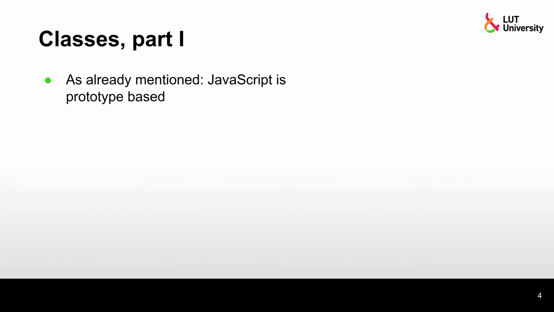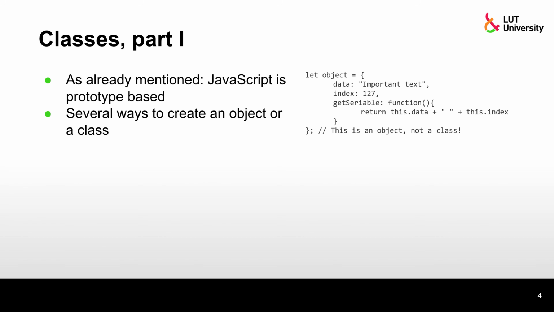And classes in JavaScript. As mentioned already, JavaScript is prototype based. It is not class based. It's prototype based, and we have several ways to create an object or a class. Let's see. First, this is how we create an object. This is not a class. We just create an object by using those curly brackets.